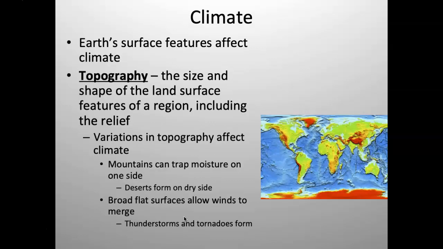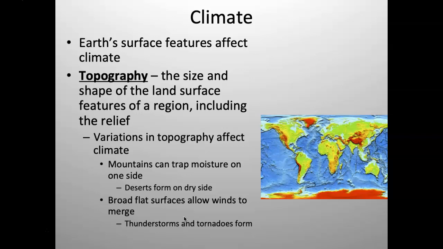The Earth's surface features affect the climate, like topography. Topography is the size and shape of the land surface features of a region. So mountain ranges and valleys will be part of topography, and variations in topography affect the climate.